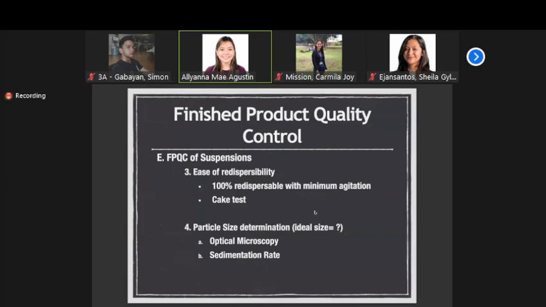And then we have particle size determination. So, the ideal size, no? Usually, our suspensions, class, are at 5 to 10 micrometer particle size.